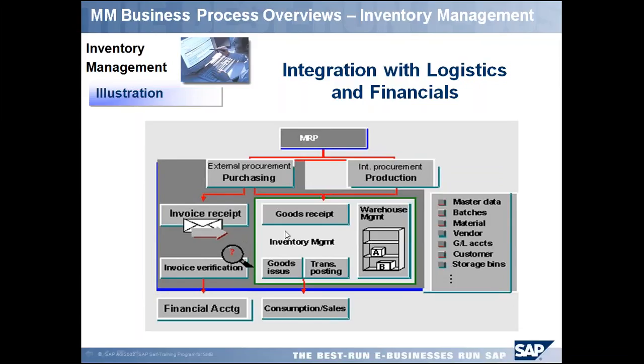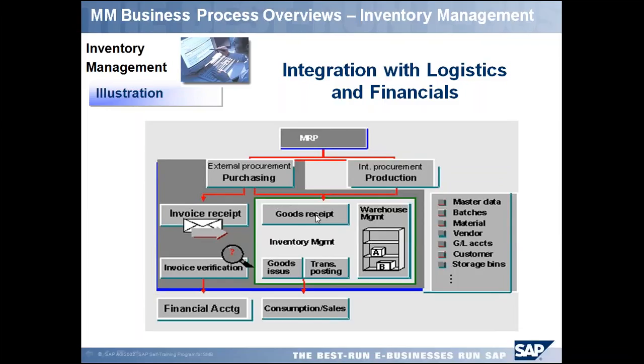Why does the invoice receipt have to come here? Because the invoice receipt will say that this much stock has been sent to you, maybe from external procurement. They're saying this stock is sent to your company. Can you please pay us for this many items? 500 items, you have to pay us around $50,000.